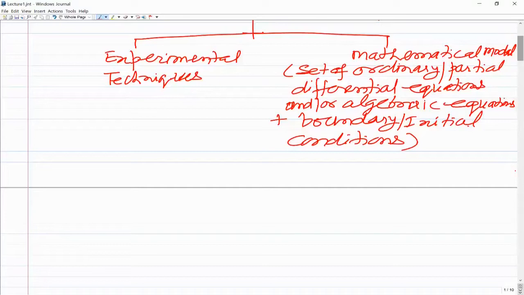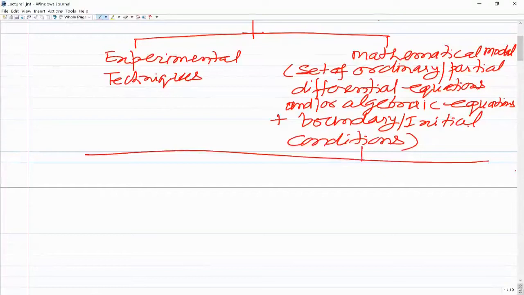Now once we have this mathematical model for any given physical system, either an existing system or a new system which we want to design, we will have to solve this mathematical model. Because this is a set of algebraic and, most of the time, differential equations, we will have to solve these. Sometimes it is possible to get the exact analytical solution.